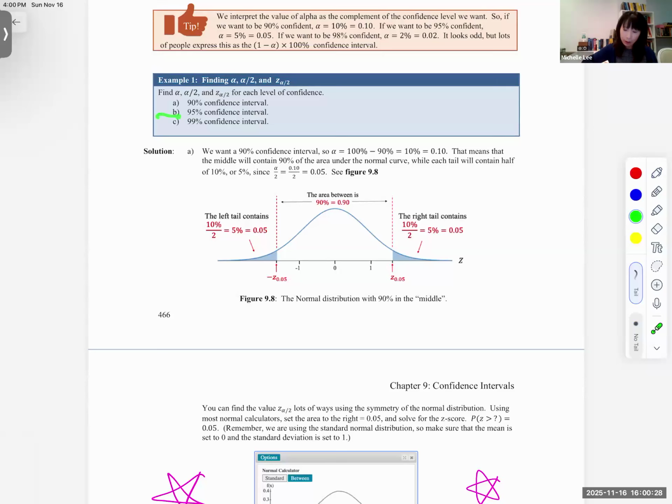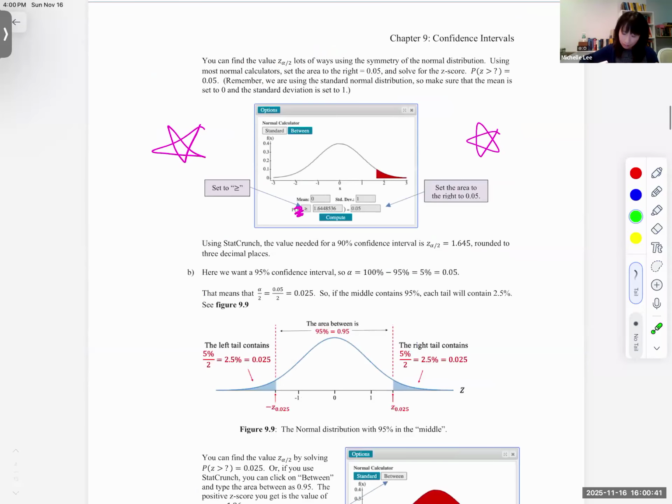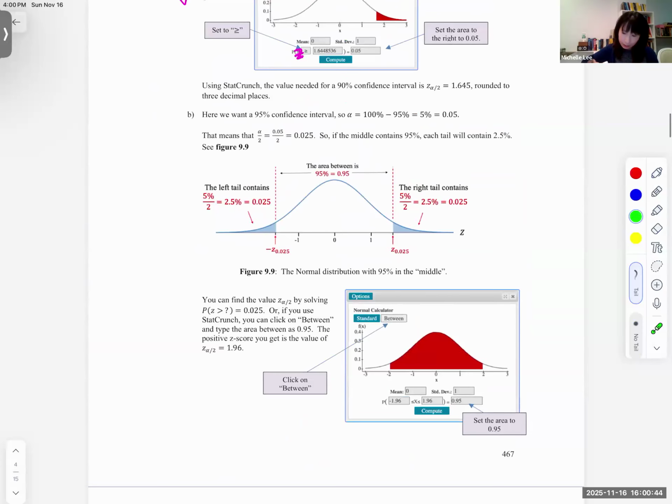All right, the rest of them I'm just going to show you. The second one is a 95% confidence interval. How do you find alpha? Alpha equals 100% minus 95%, that is 5%, right? So we have that here, 5%. Then 5% we can express as a decimal, 0.05, because dividing by 100 means we move the decimal 2 places to the left.